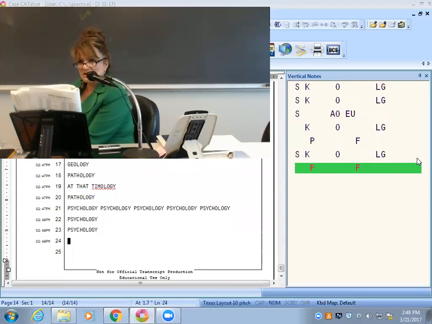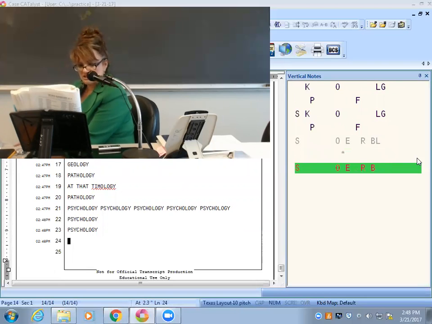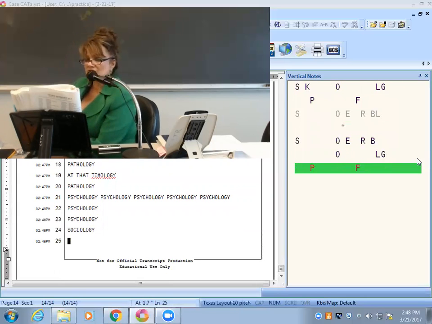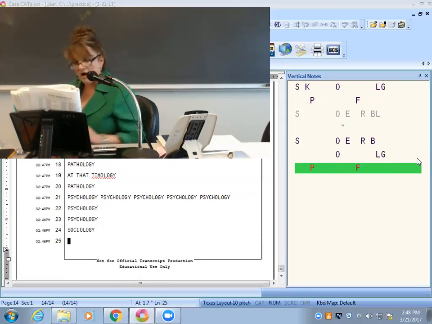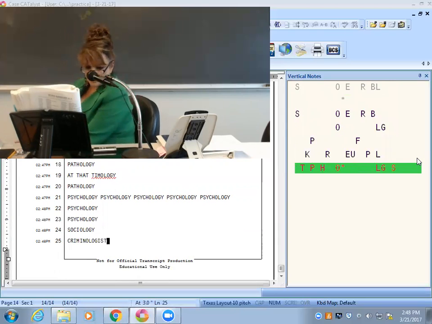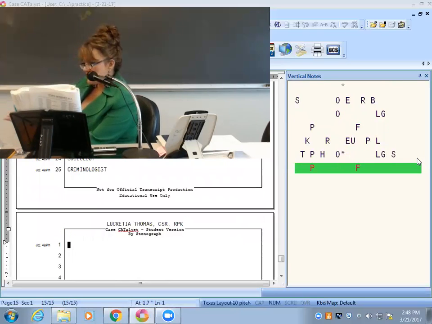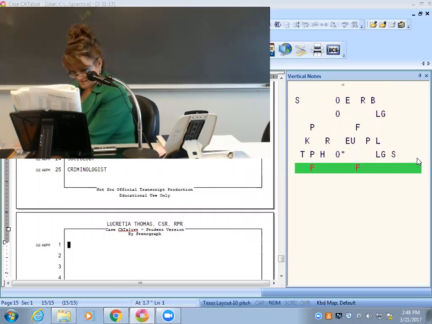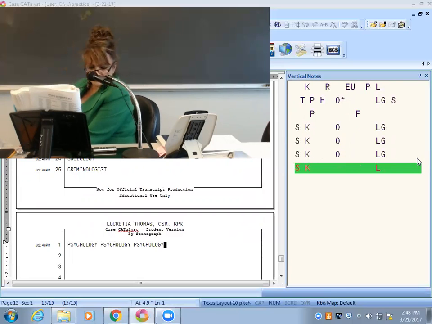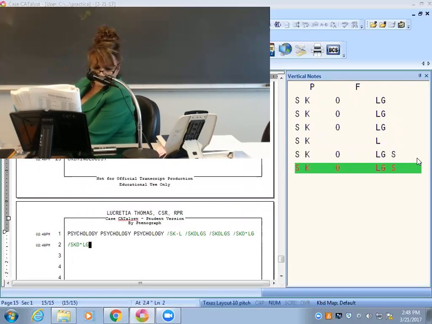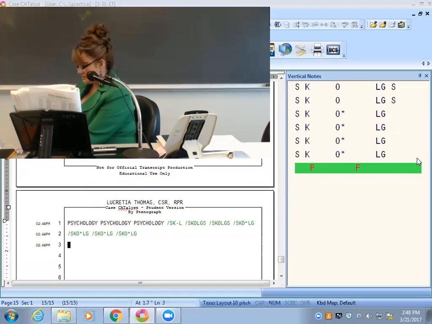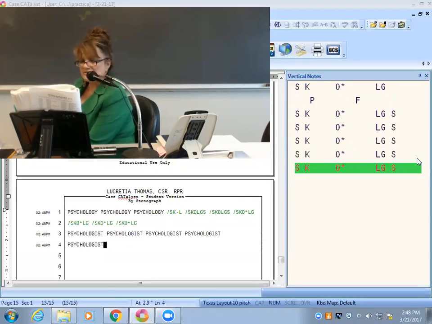Sociology, you can leave the ology by itself, it'll give you a suffix. And then ologist: criminologist, NOLGS asterisk. Think of the S asterisk for the ST. Psychologist, SKOLG is schologist, that's a brief.